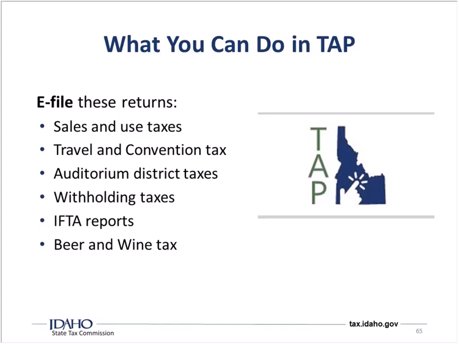The withholding taxes we just talked about. If you have any IFTA reports you need to submit, you can do those there, or beer and wine taxes. All of those can be done in TAP. You don't have to find an envelope, find a stamp, get to the post office, make sure it's postmarked in time. You can just, from your computer and your laptop, go here, click there, file them. There you go. One and done, and then you can move on.